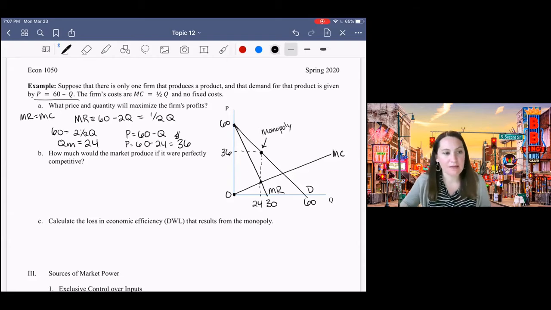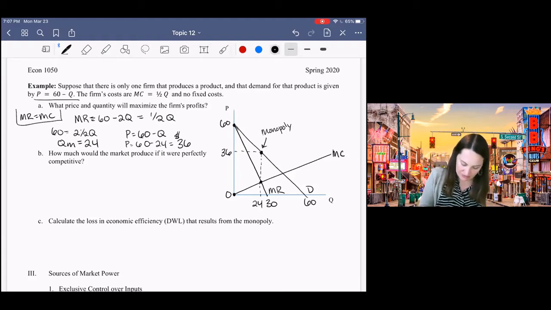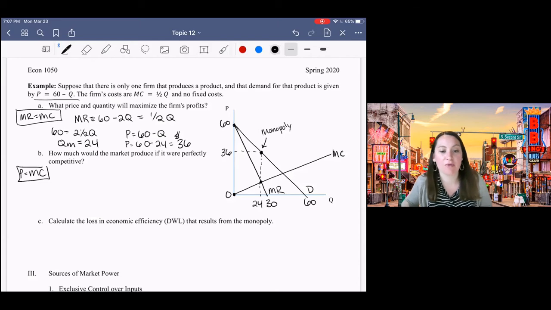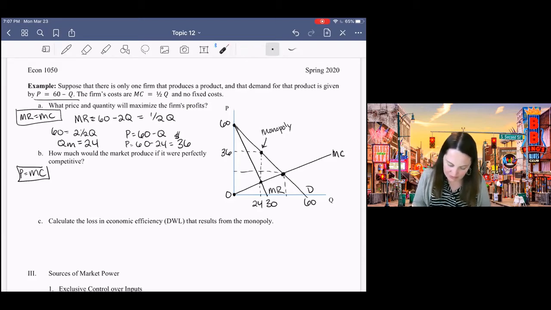All right. So the next part says, how much would the market produce if it were perfectly competitive? The big difference here is that a monopoly sets marginal revenue equal to marginal cost, and in competition, we've just got price equals marginal cost, which occurs right here. I know from my demand curve that price is equal to this equation, and I can set that equal to my marginal cost equation.